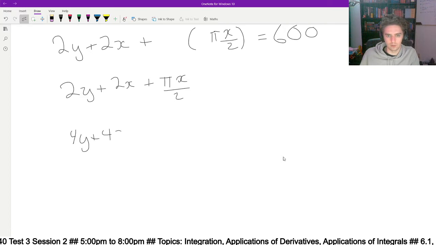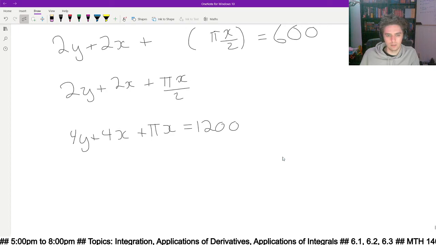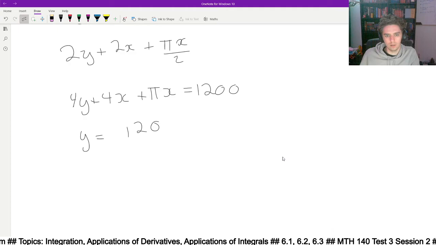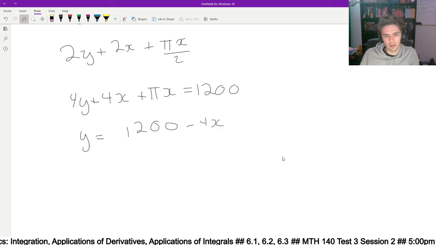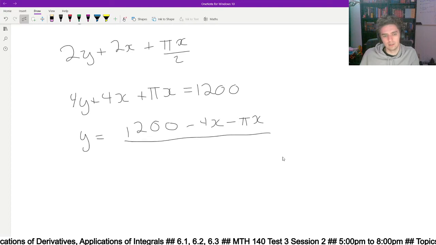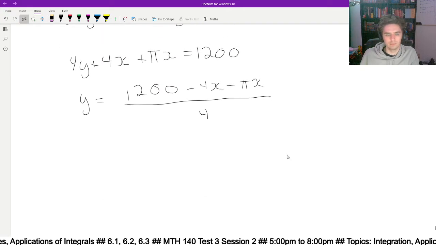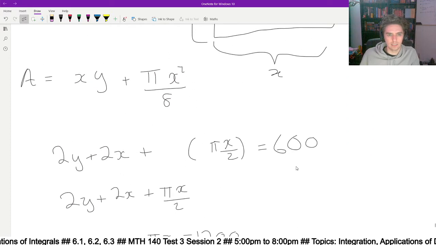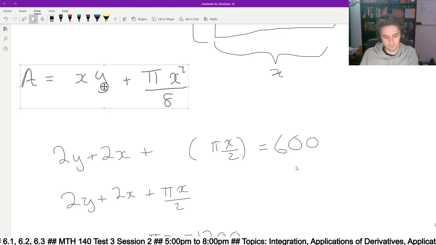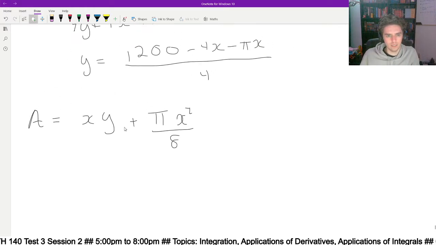So 4y plus 4x plus pi x equals 1200. So this is going to be y equals 1200 minus 4x minus pi x over 4. Okay. So I can take that and plug that into this formula. Okay, so that's our expression for y.